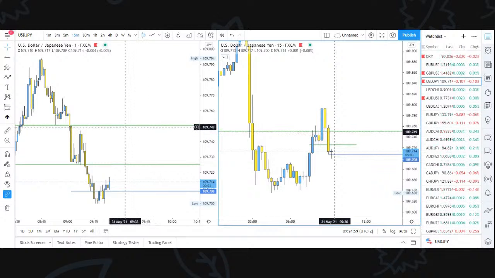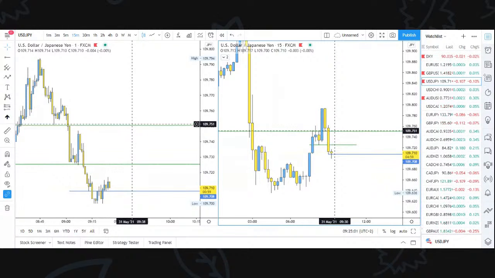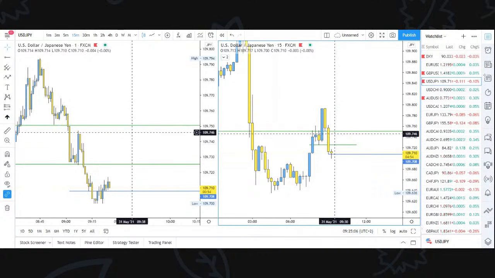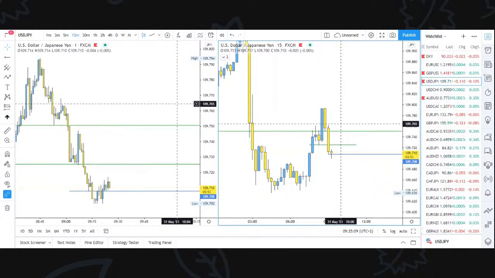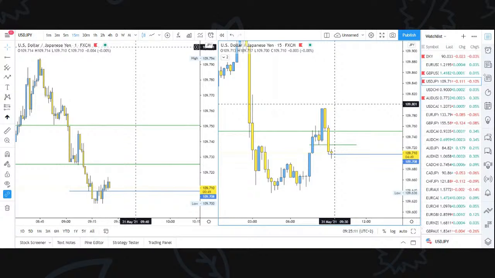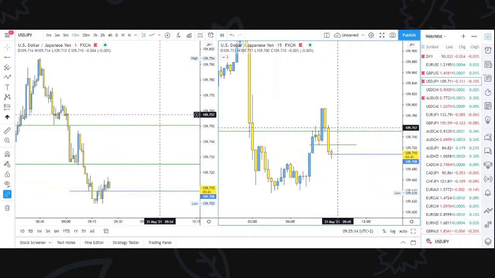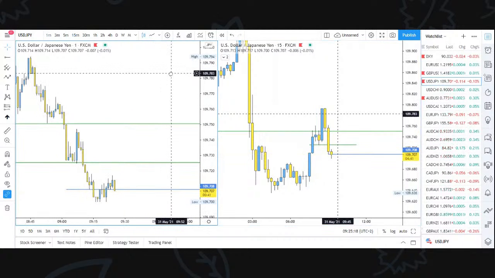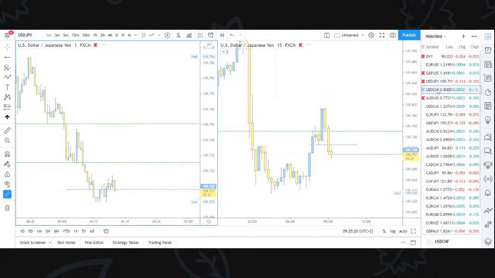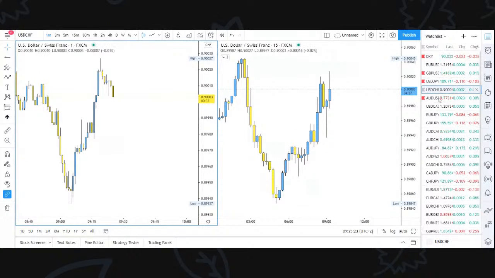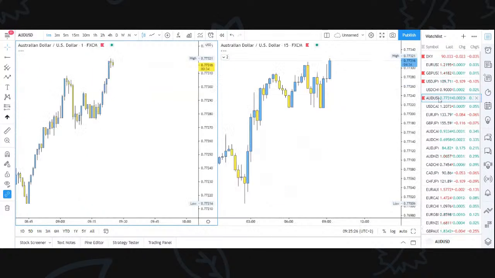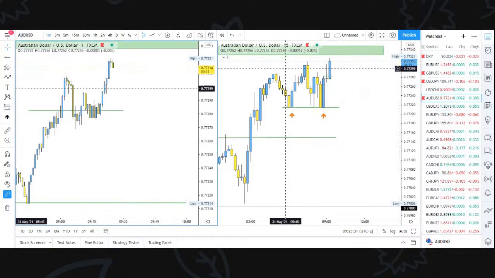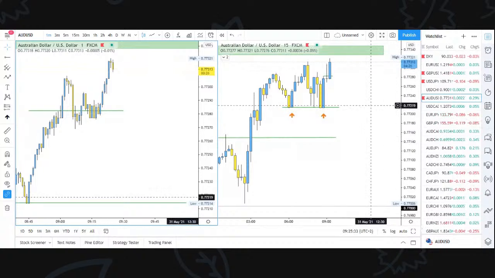We have our SL right in and around here, 750 region, 109 750 region, and we take this pair down. We drive this pair down, man. AUD USD looking like it's breaking these highs.